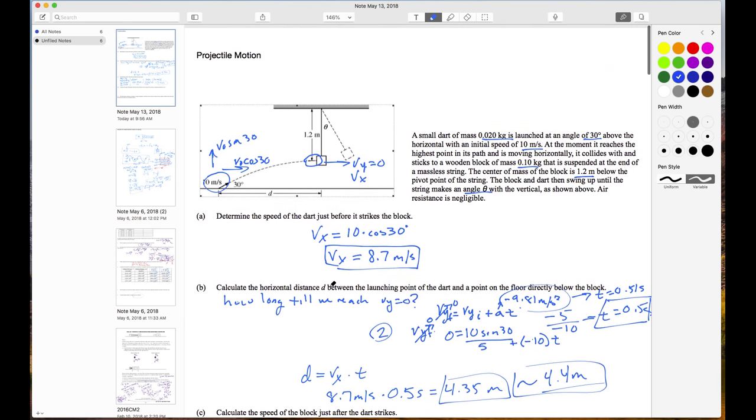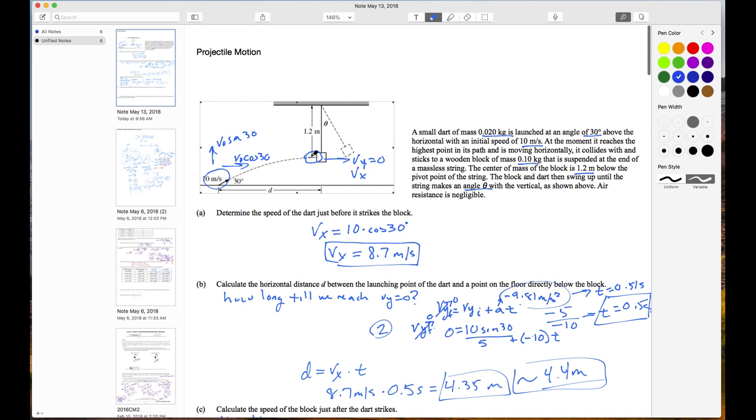If I scroll back up here, you'll notice that I start out with some energy relative to where the block stands. I could say that my PE relative to that position is equal to 0. I could say that my KE is equal to 1/2 of the combined masses times the velocity squared, that VF we just found, 1.4 meters per second.